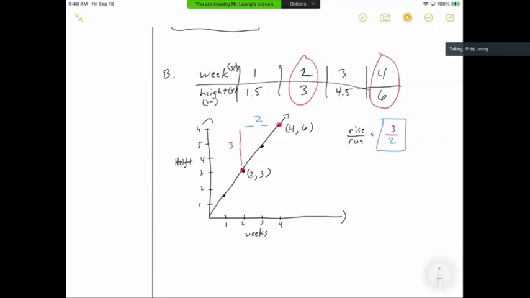The other way you can look at this, and this is for the future, you're going to deal with slope for the rest of your math career, is if you think about it, the change in y was 6 and 3. So if I subtract, 6 minus 3, I get 3. And what about the run, the x?